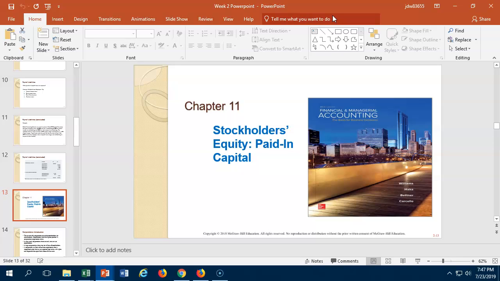So, what's next? What's the next one I have starred? 3. Okay, let's talk 3. It says distinguish between paid-in capital and retained earnings of a corporation. Why is such a distinction useful?